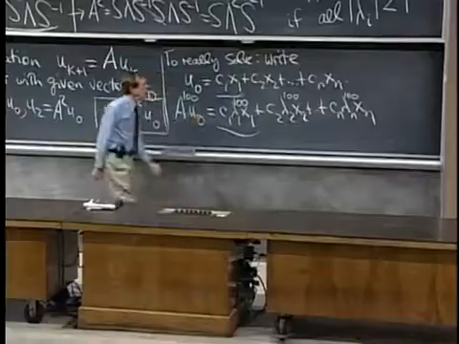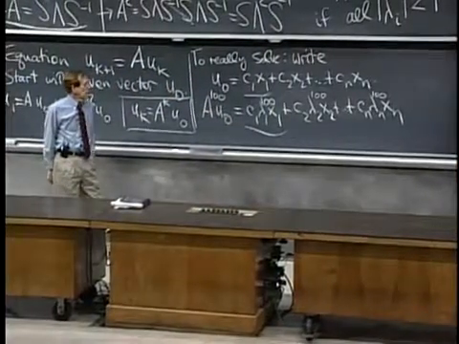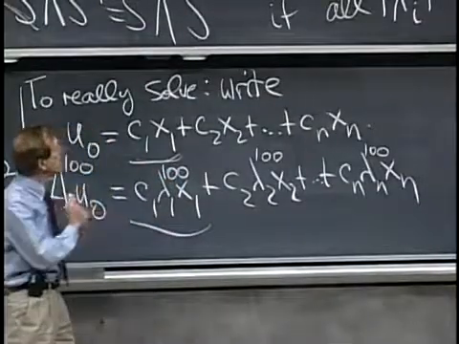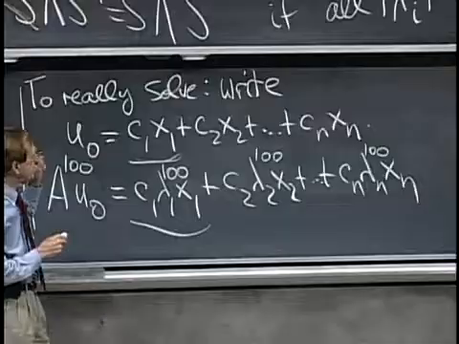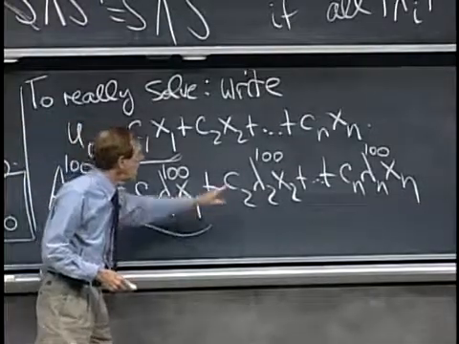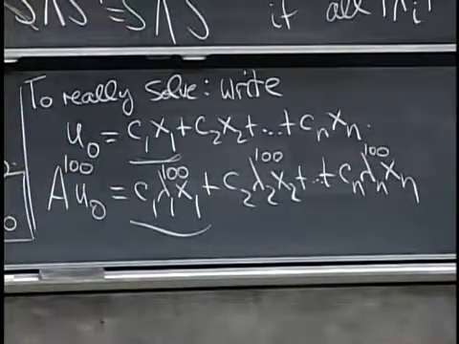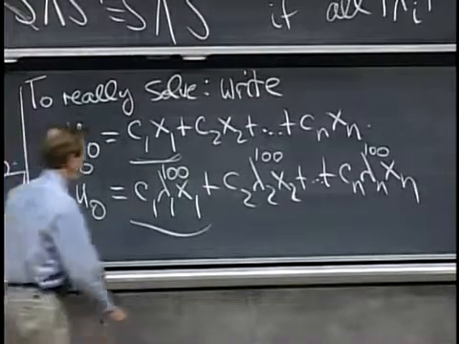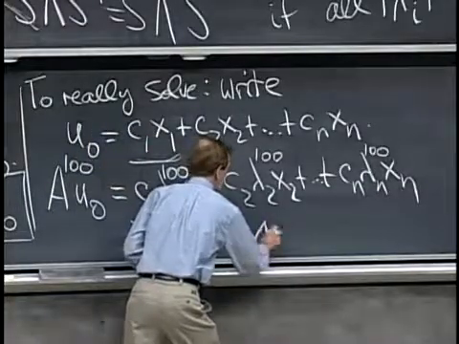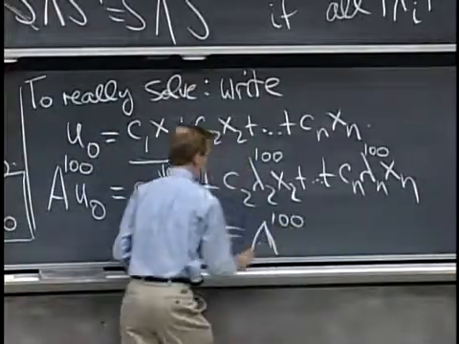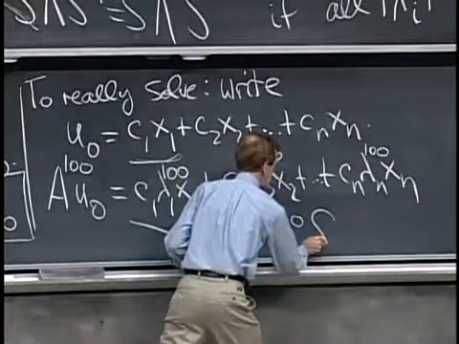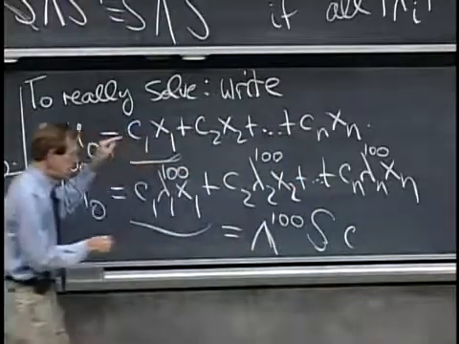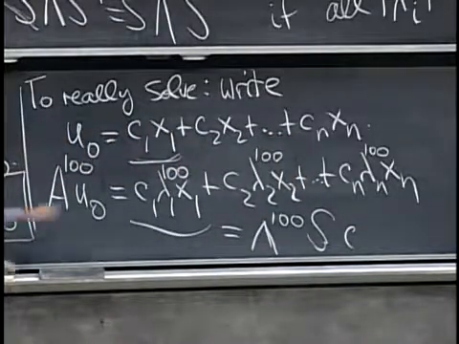Actually, what are we seeing here? We're seeing this same capital Lambda to the 100th, as in the diagonalization, and we're seeing the S matrix, the matrix S of eigenvectors. That's what this has got to amount to: S times Lambda to the 100th power times this vector C that's telling us how much of each one is in the original thing.